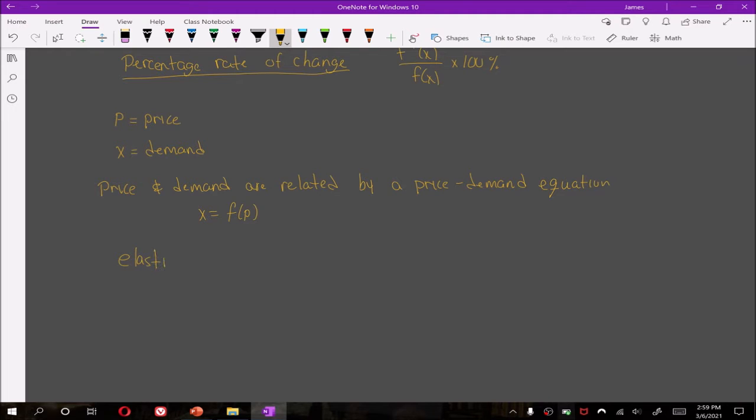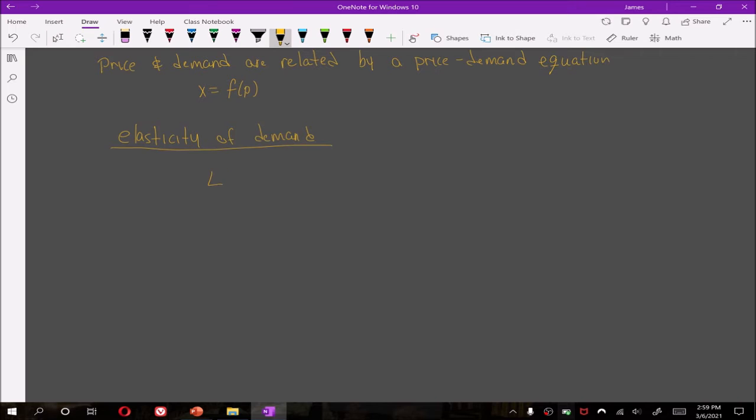The elasticity of demand is a function of p, it's E of p, and is defined to be negative the relative rate of change of the demand divided by the relative rate of change of the price.